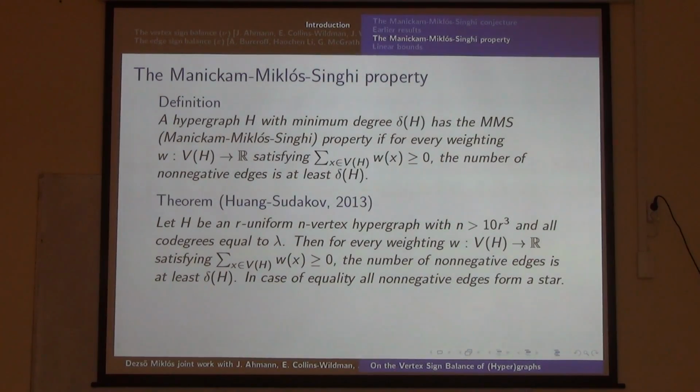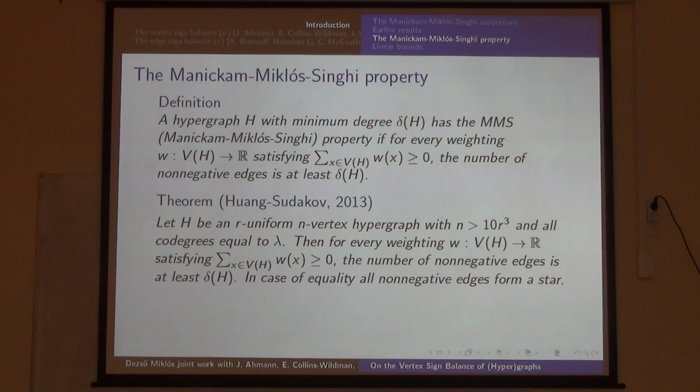Only the edges containing that vertex will be non-negative. So δ(H) is the optimal one, and the hypergraph is supposed to have the Manickam-Miklós-Singhi property, as they defined it, if this is the answer.